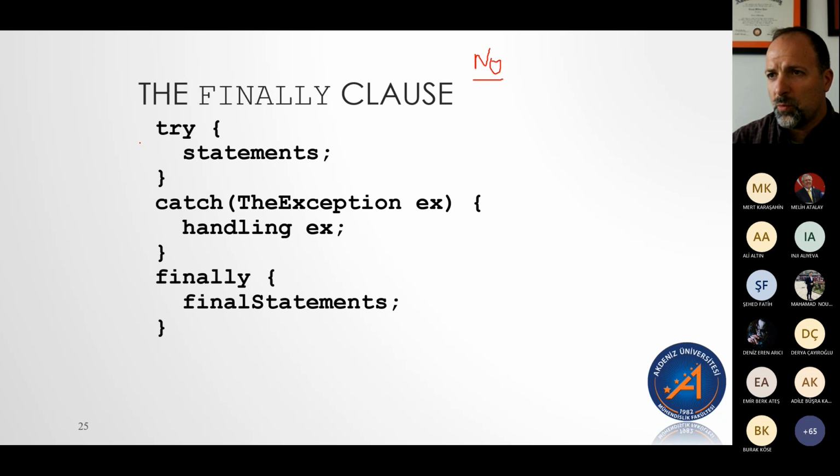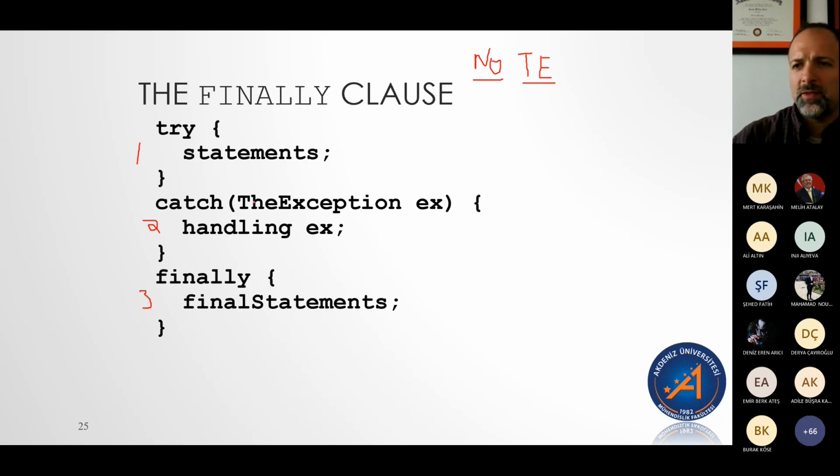We'll call them set of statements 1, set of statements 2, set of statements 3. First, no exception occurs. Second, an exception of the type that is caught occurs, or a child of this type, as we saw.